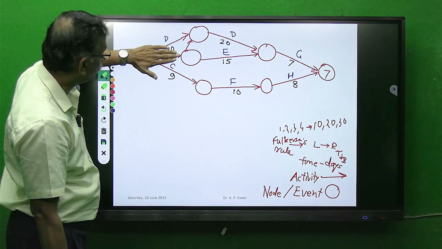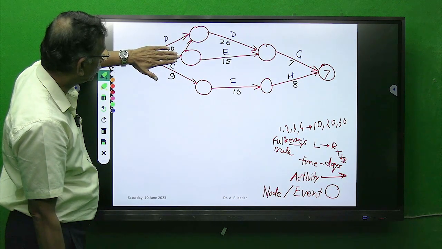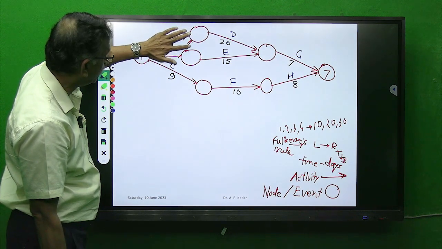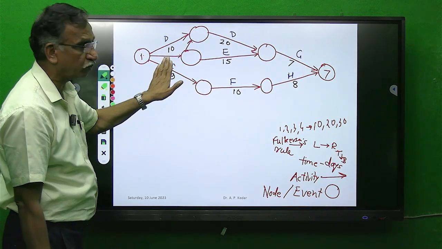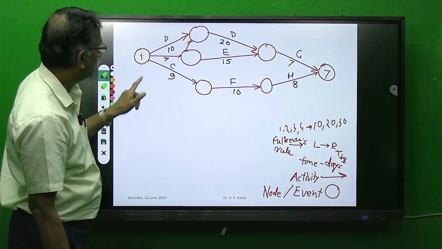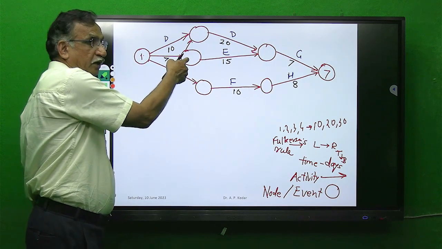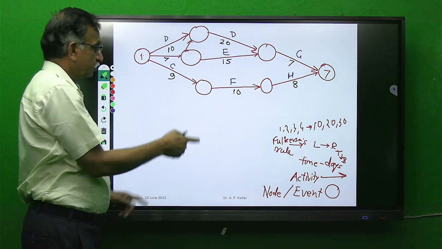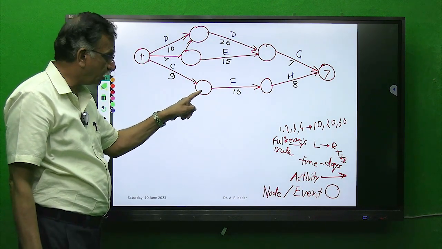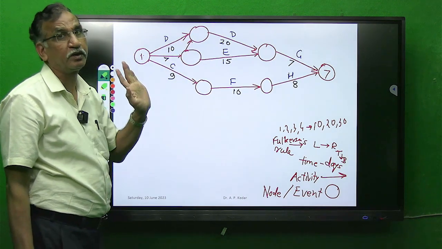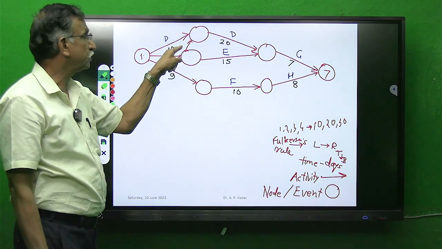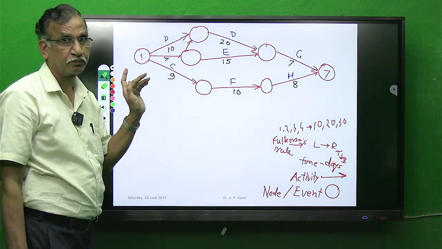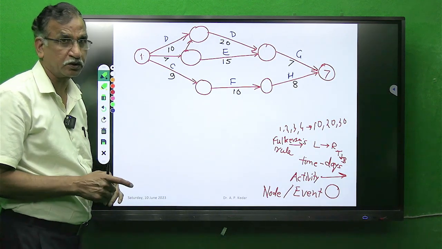Now what I will do? I will do this. So this is having these 2 outgoing arrows, no incoming arrow. So this will be labeled as 2. Similarly, this will be labeled as 3, and then this will be labeled as 4. Suppose this arrow is present. Got it? Very important concept.